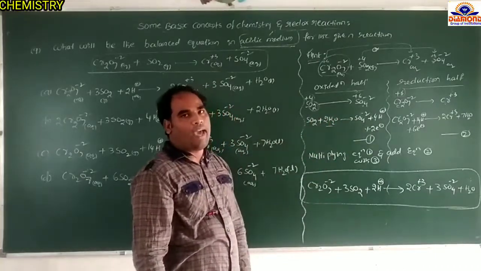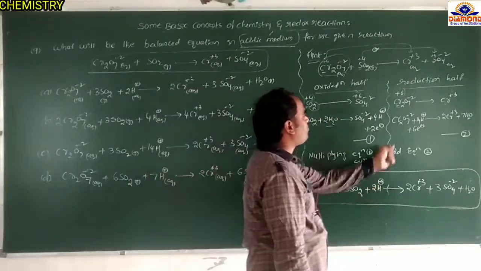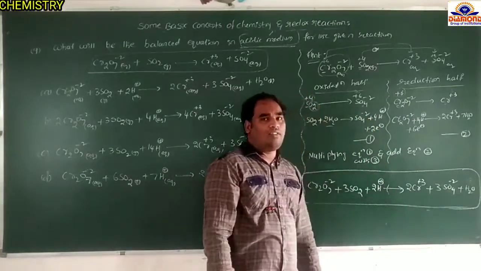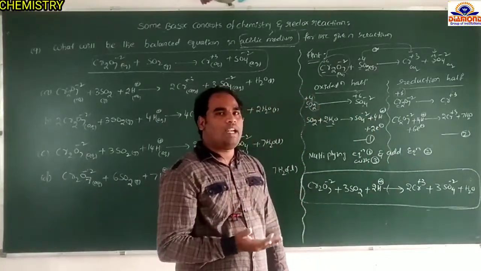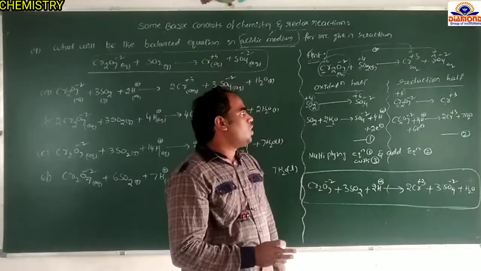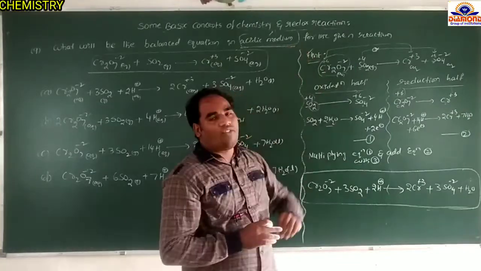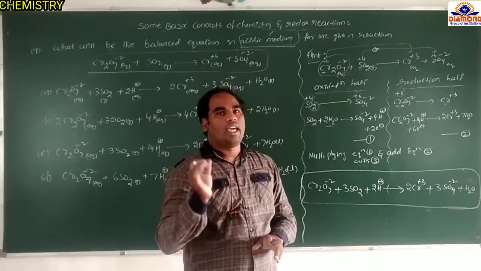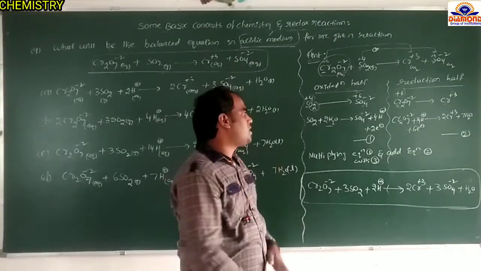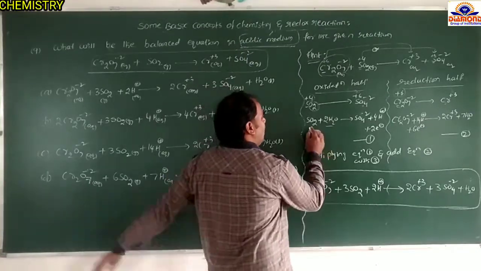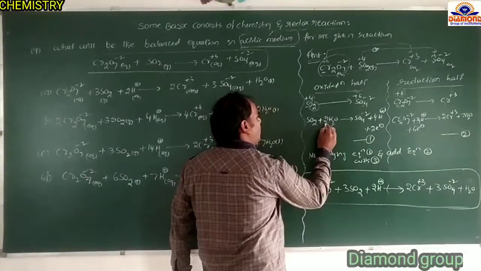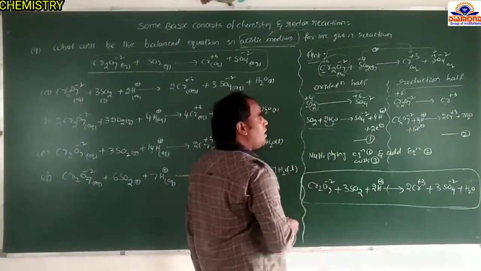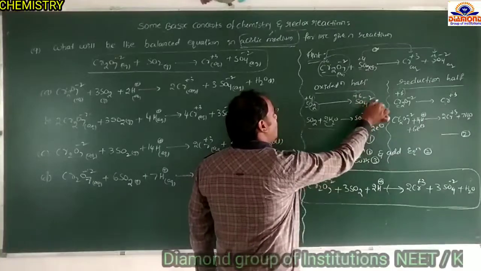Now, oxygens are balanced. Next, after balancing the oxygen atoms, we have to balance hydrogen atoms. In acidic medium, if hydrogens are on the left side, we have to add H plus ions. So, on this side, 2 into 2 gives 4 hydrogen atoms, but on that side there is no hydrogen atom.